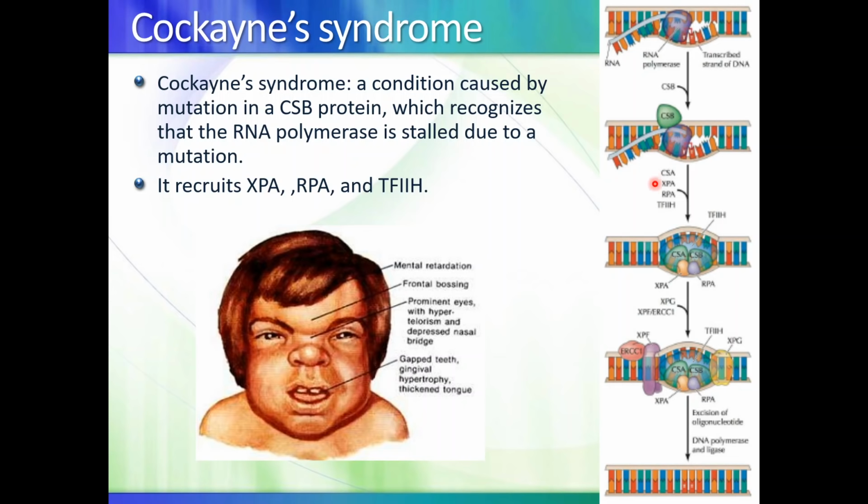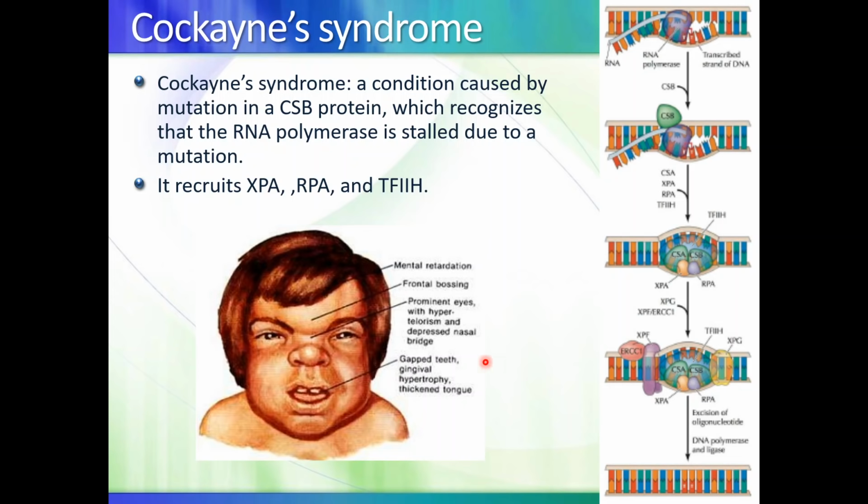So once the RNA polymerase stops, CSB recognizes that, it binds to DNA, and it recruits all of the other proteins that you don't have to remember their names, but they include XPA and the replication protein A, transcription factor 2H. Again, they make a cut to the left and right. This portion is removed, and the DNA polymerase fills in the gap, and then the RNA polymerase jumps on DNA and it continues with the RNA synthesis.